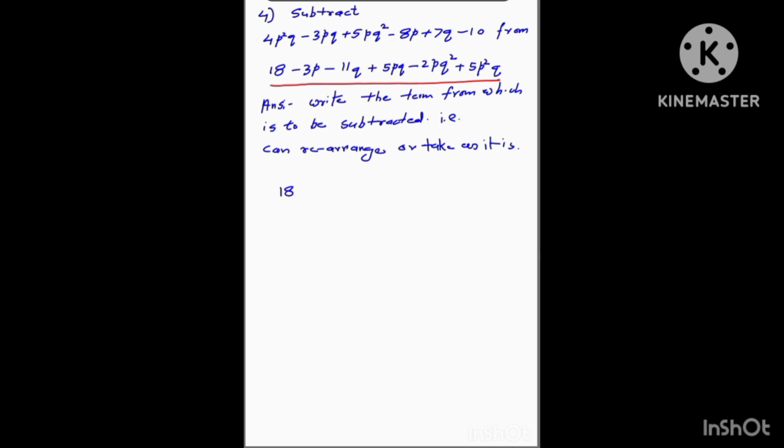Just see, 18 minus 3p minus 11q plus 5pq minus 2pq square plus 5p square q. Don't make a mistake in copying, that will be a blunder.